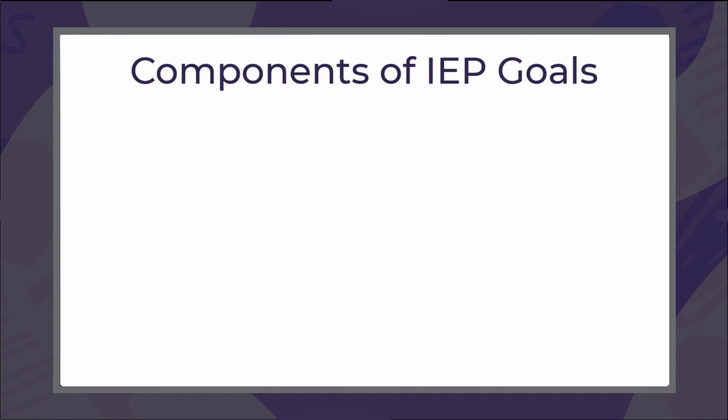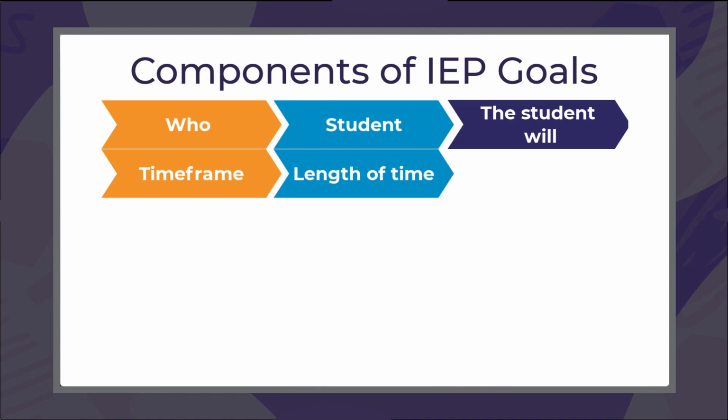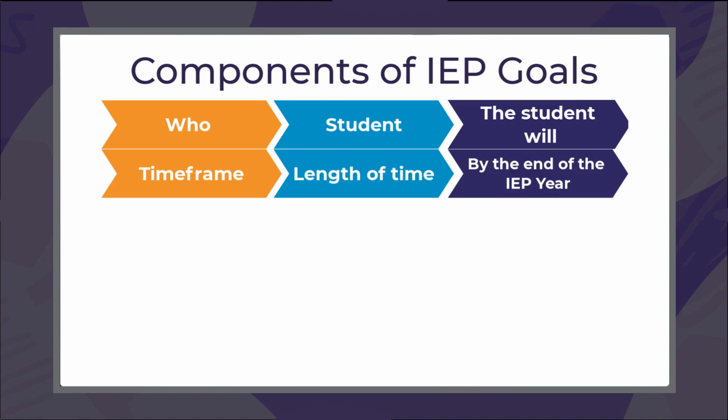So there are many components that IEP teams will include when designing IEP goals to meet that student's specific needs. IEP goals will always include the who, and that simply refers to the student. The time frame refers to the length of time the IEP goal might take place, and you may see it written on an IEP as by the end of the IEP year.